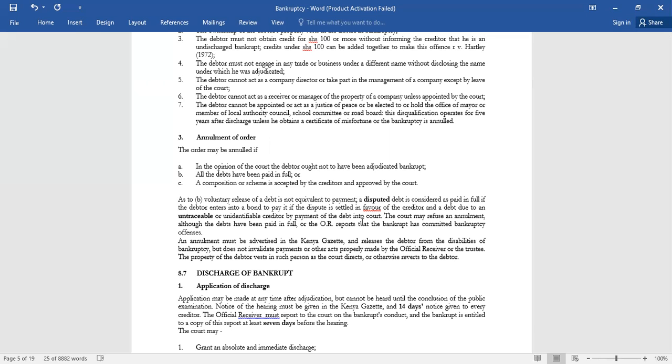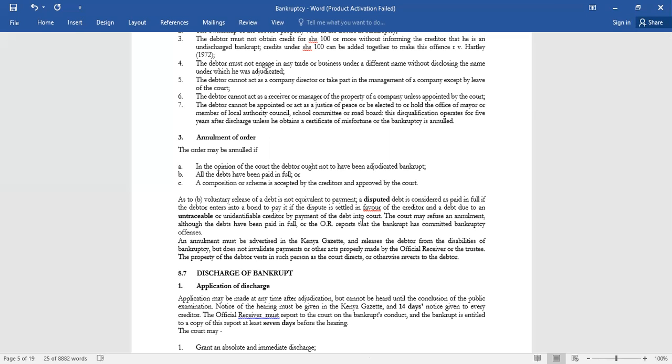So we expect that there will be a lot of disputes here and there. If this is the case, and the debt due is untraceable, the creditor will be put to task. An annulment must be advertised again in the Kenyan Gazette before it is released.